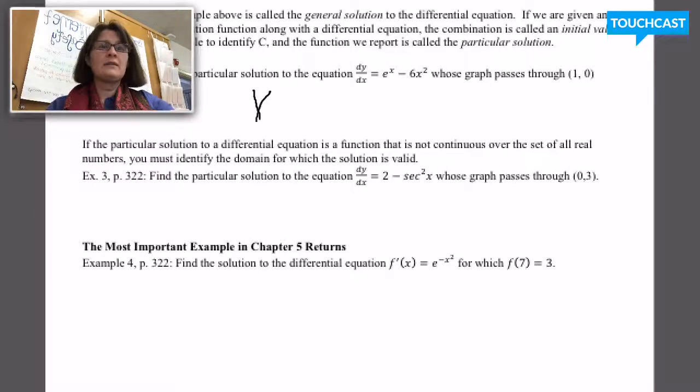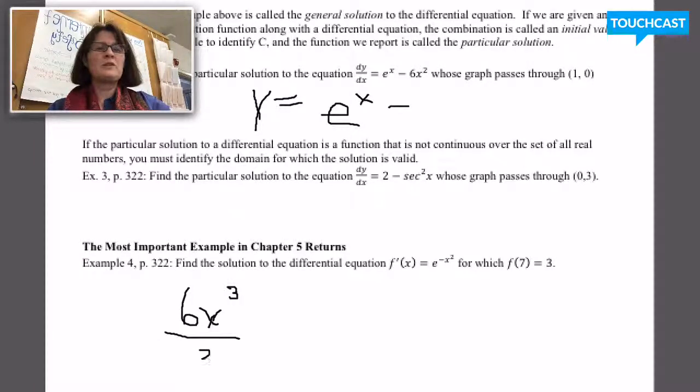So y is going to equal the antiderivative of e to the x. That's the easy one. That's e to the x. Minus, so this would be 6x to the, increase the exponent by 1, and divide by the new exponent. So 6x cubed over 3 makes 2x cubed, minus 2x cubed, plus a constant.